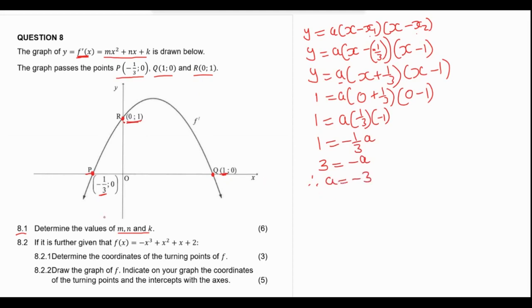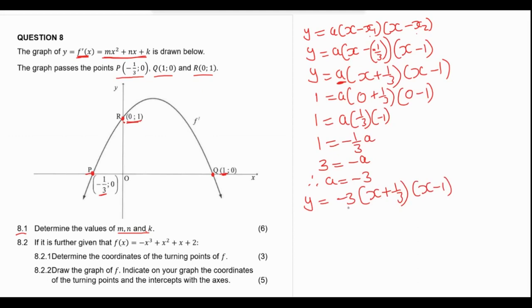Right, we want the values of m, n, and k, so we have to write our equation in this form. So we can come back here where there's a and put our negative 3. So it becomes y is equal to negative 3, and then x plus 1 over 3, then x minus 1.